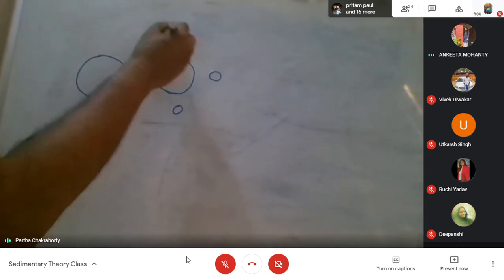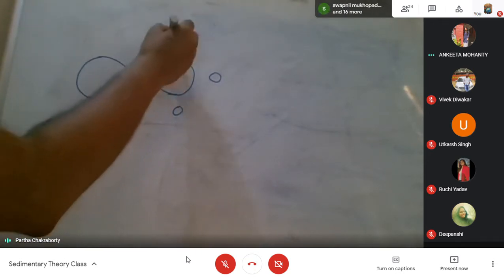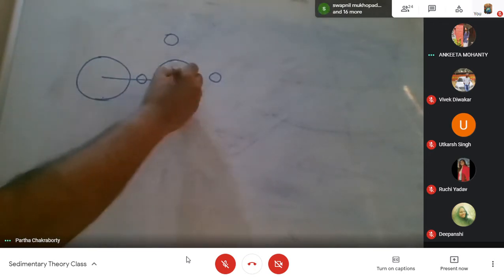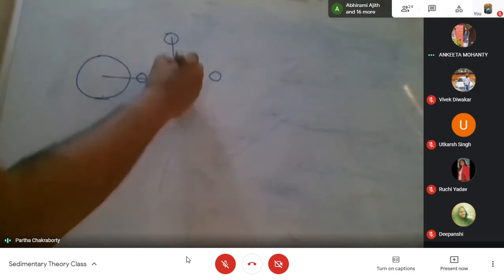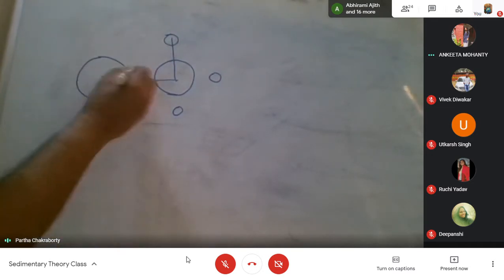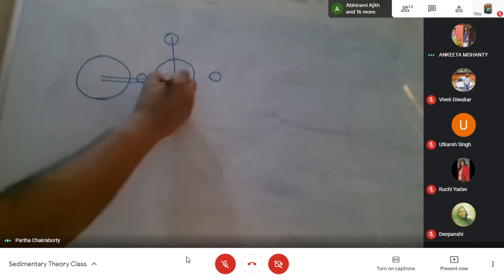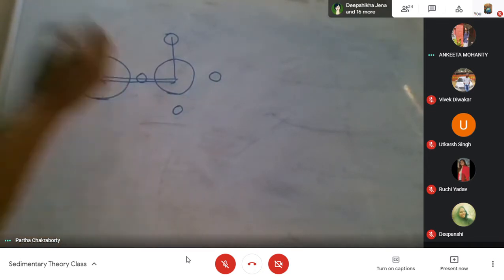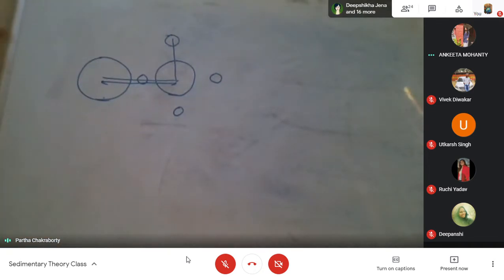Sometimes the sun, earth, moon relation is like this, and sometimes the sun, earth, moon relation is linear. So these are 2 types of relationship that I may get.